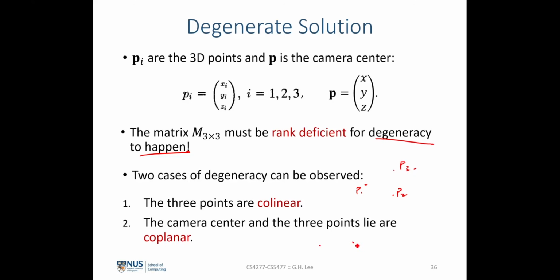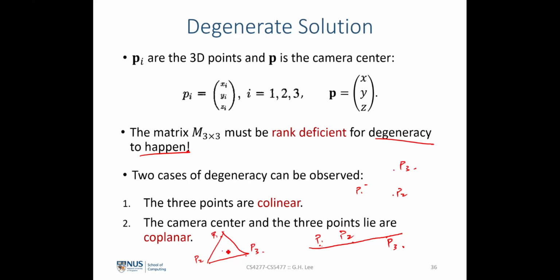What this means is that the 3 points are sitting on a straight line, collinear, and in this case, the configuration is degenerate. The second case of degeneracy is that the camera center and the 3 points lie on a plane, which means that they are coplanar, because any 3 points will always form a plane. P1, P2, and P3 will always form a plane.